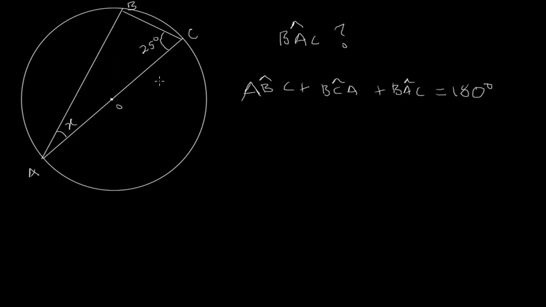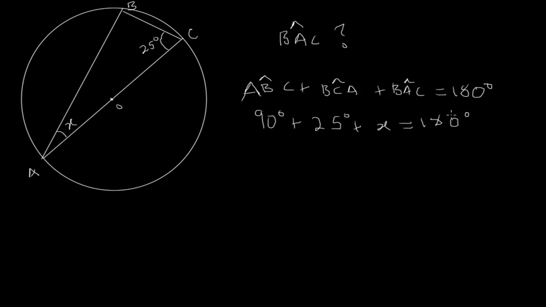So we've got 90 degrees there, plus what is BCA? BCA is 25 degrees, plus what is BAC? BAC is X. So we've got X equals 180 degrees.